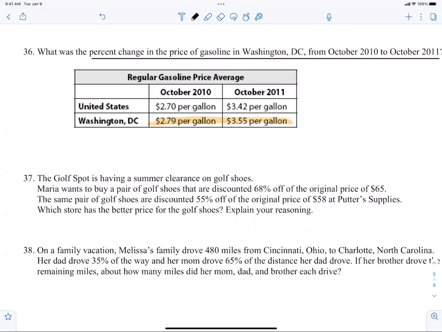I need everybody, whenever they say find a percent, it's the change divided by the original amount. The change divided by the original amount.